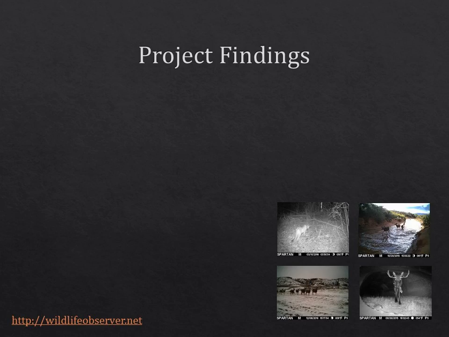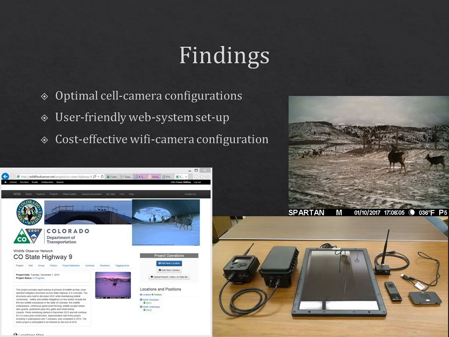So, some of our project findings, and these are things that are important going forward in using the system, understanding how it could be used. Number one, we did come up with some optimal cell camera configurations, and this includes recommendations for the best ways to use AT&T data plan acquisition, and which cameras might work best for different situations.